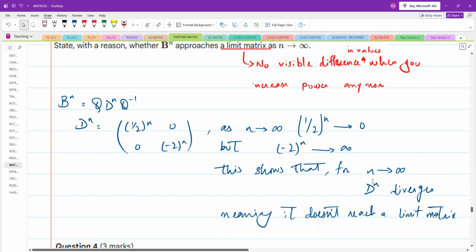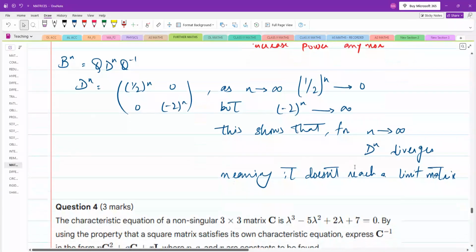This shows that for n reaching infinity, this will diverge instead of converging. Diverging means that it will keep growing and doesn't stop. It means that it doesn't reach the limit matrix.